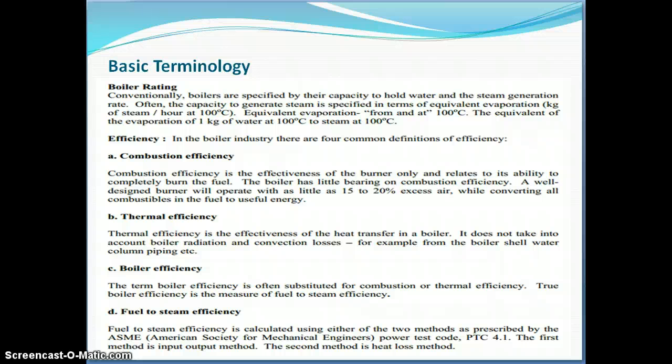So what we are trying to get is the ratio of the heat output to the heat input, and that signifies how much percentage of the heat produced in the steam is actually a part of the heat input, that is, from the burning of the fuel. We'll see a bit more later how gross calorific values can also be deployed as far as the efficiency calculations are concerned.